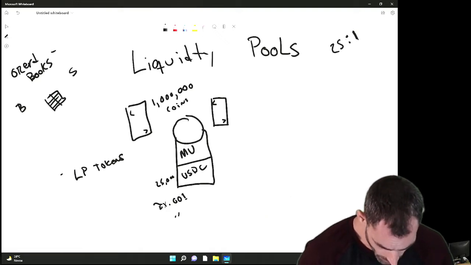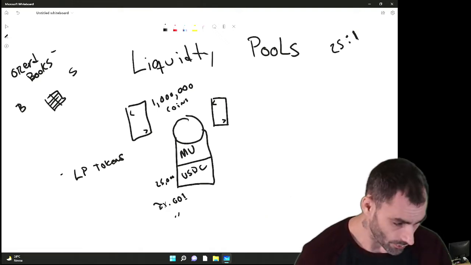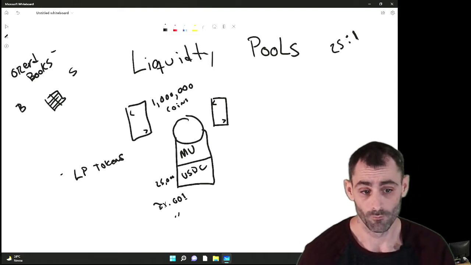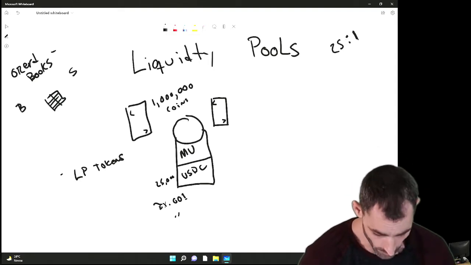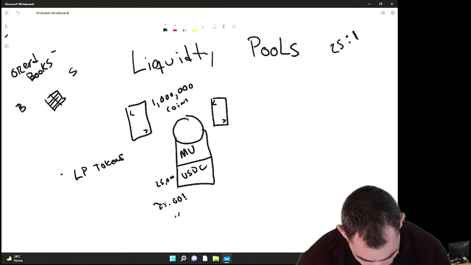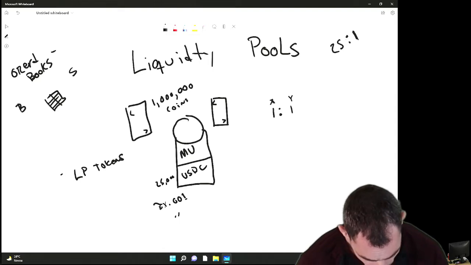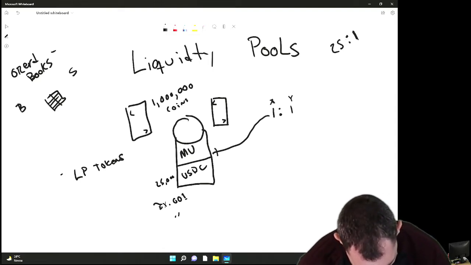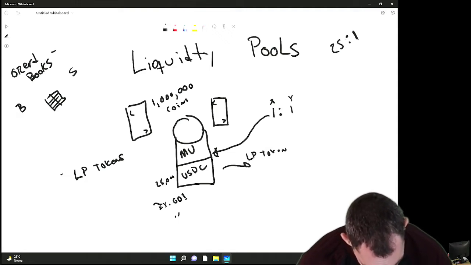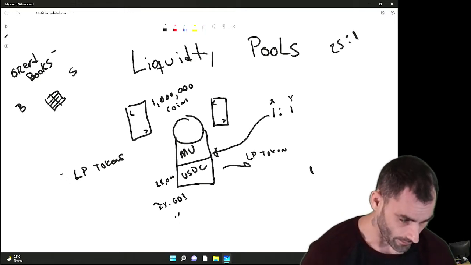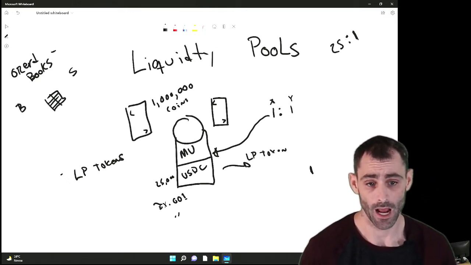All right, how those tokens work is let's go in and do some really easy math. Let's say I want to give 1x and 1y to a pool. The pool is in return going to give me back an LP token, and let's say it's going to give 1 token back to me, and I'm going to be holding the token.